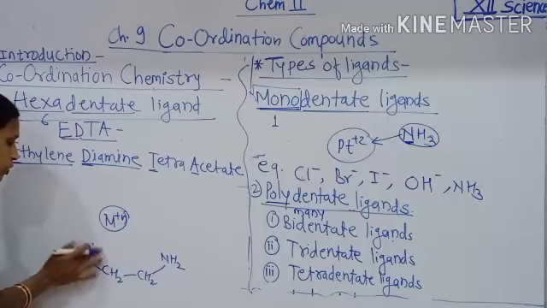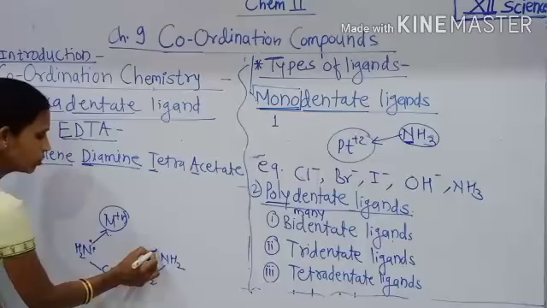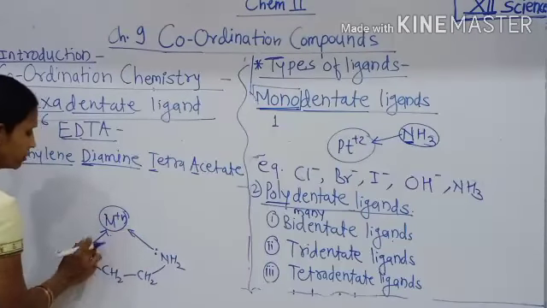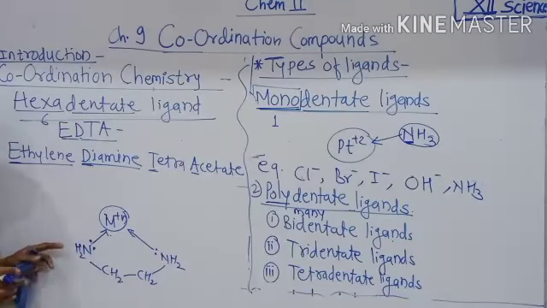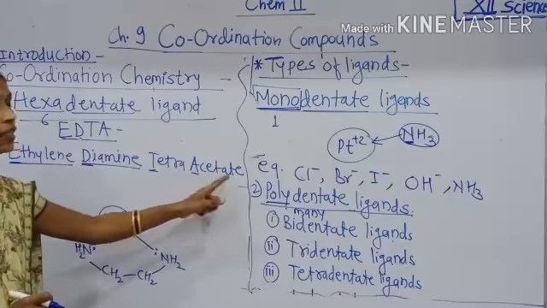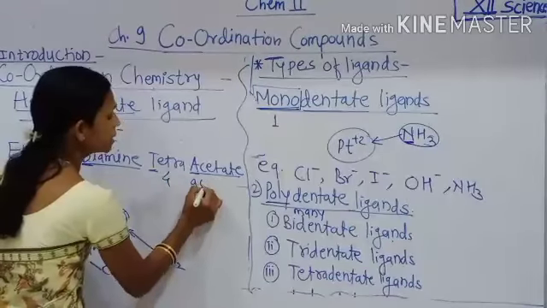Here the nitrogen from the NH2 group has a point of attachment, that means there are 2 points of attachment through the 2 different nitrogens present in the amine groups. Then see here, there are tetraacetate. Tetra means 4. Acetate means acetato group.